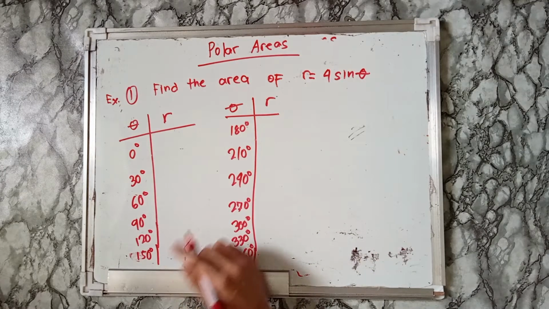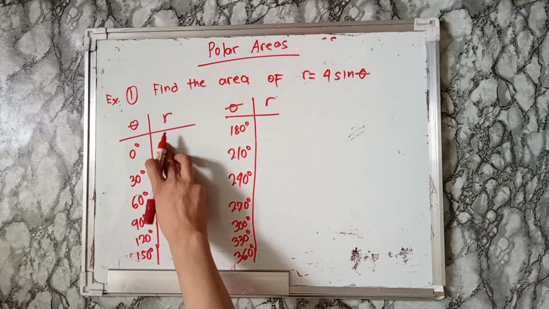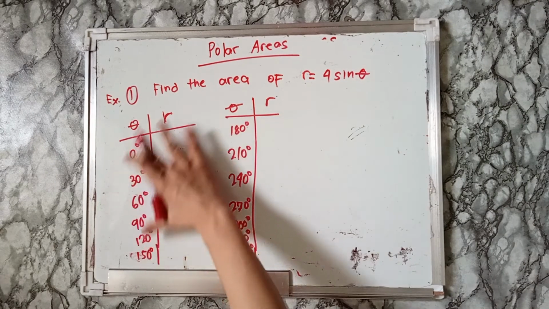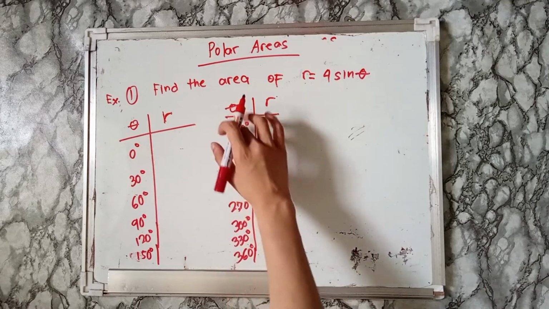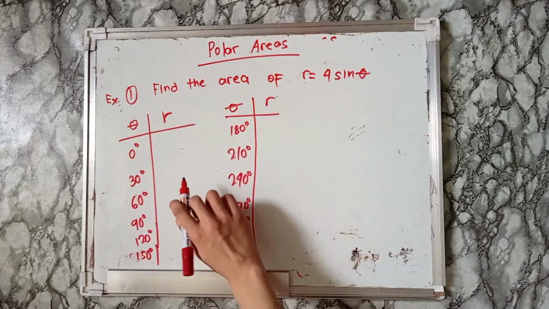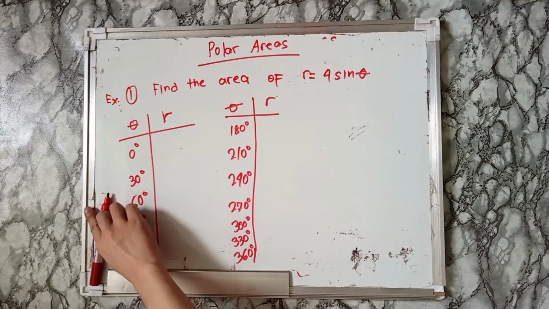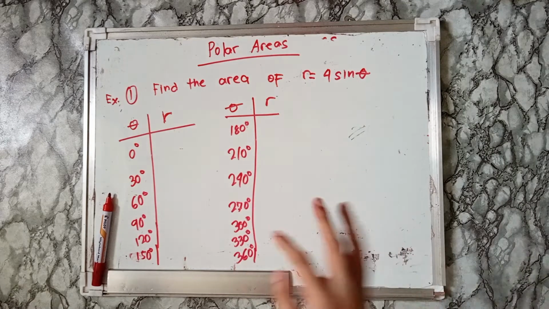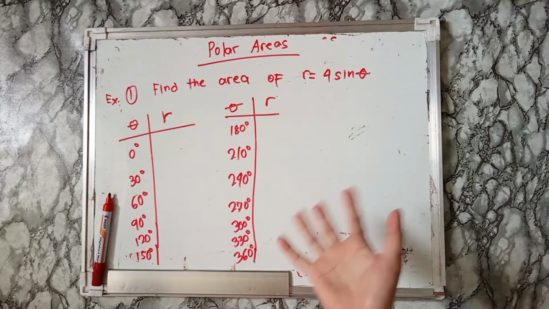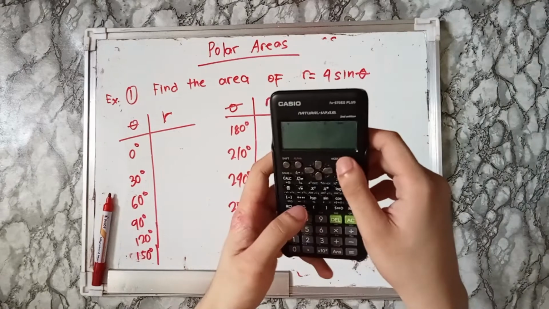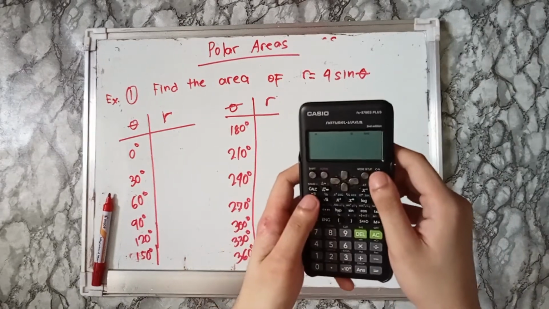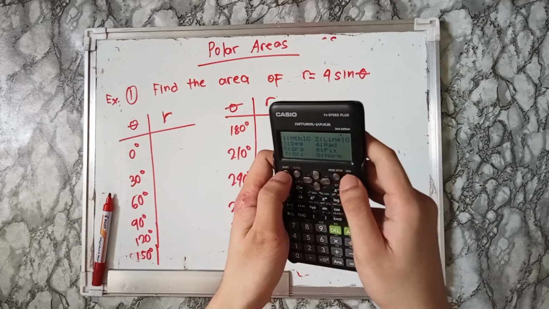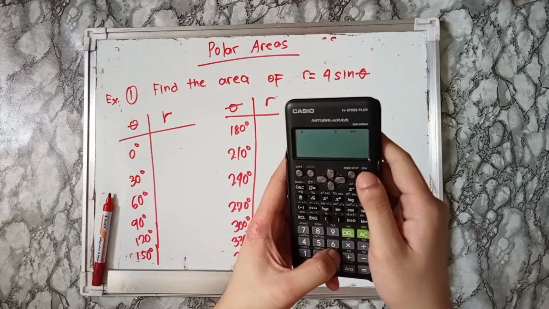Now to find the radius for each angle theta, let me solve using the calculator so that it's easy for us to find. First, our mode should be in degrees.